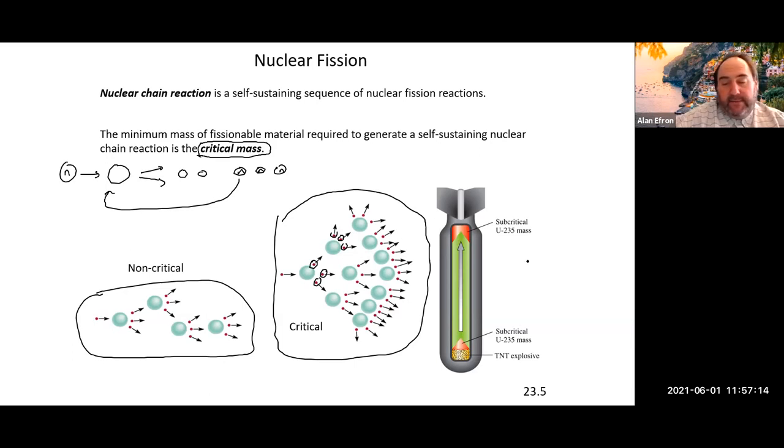Now, this is obviously how a nuclear bomb works. For example, they have subcritical masses of uranium-235 on both ends, the triangle and the triangle hole there. When this thing hits, it has some explosive, which is going to send a little wedge, if you will, and complete it.